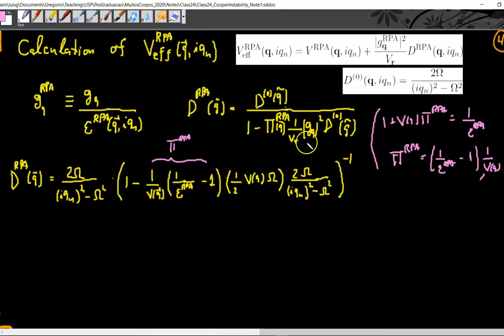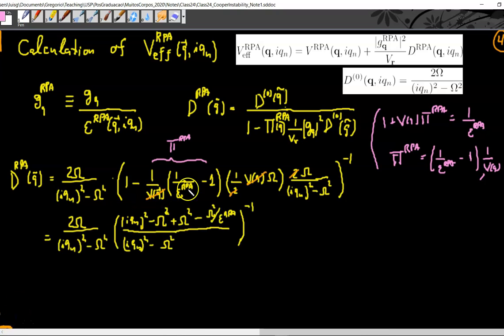Now the vertex, which we have 1 over V in the Gilliam model, this is 1 over V times the bare coupling squared, which is 1/2 V omega, and I have the propagator here, 2 omega over iQn squared minus omega squared, all this to the power minus 1.